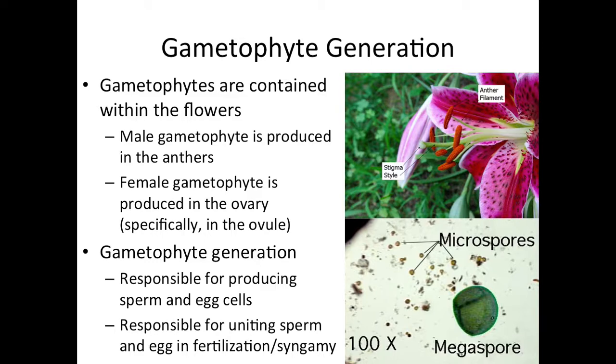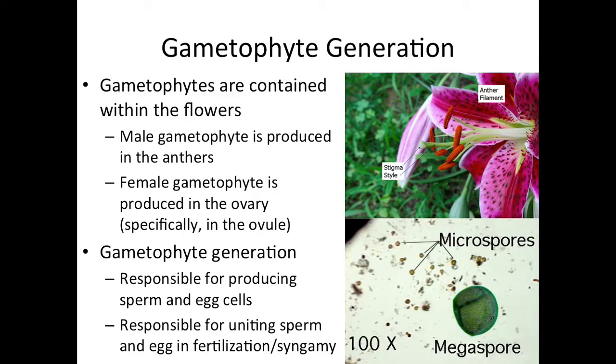So the gametophyte generation in any organism is responsible for producing the gametes, the sperm and the egg cells. And like we talked about last week, in heterosporous species, you have two different types of spores. In this case, we have microspores and megaspores. And the microspores and megaspores develop into two distinct gametophyte bodies. And so each gametophyte body is going to produce its own type of gamete.